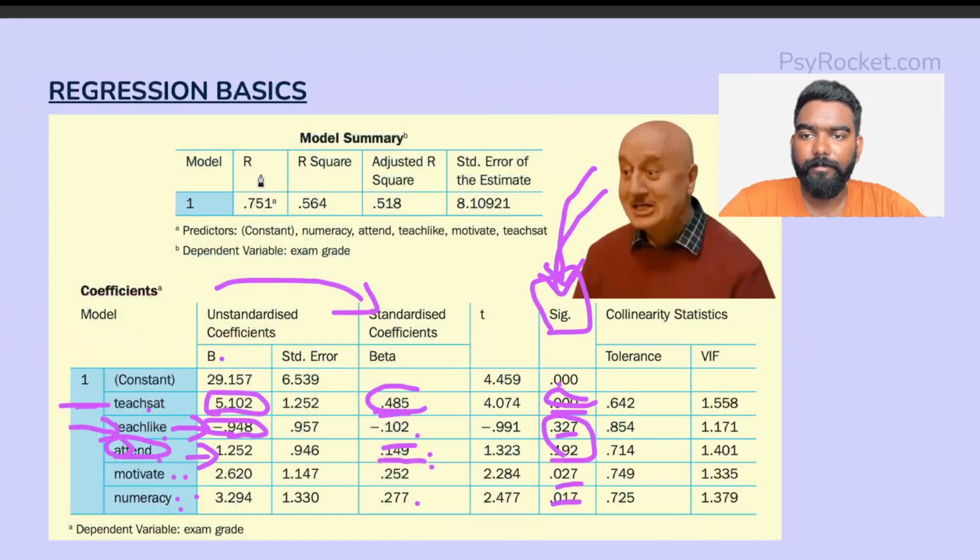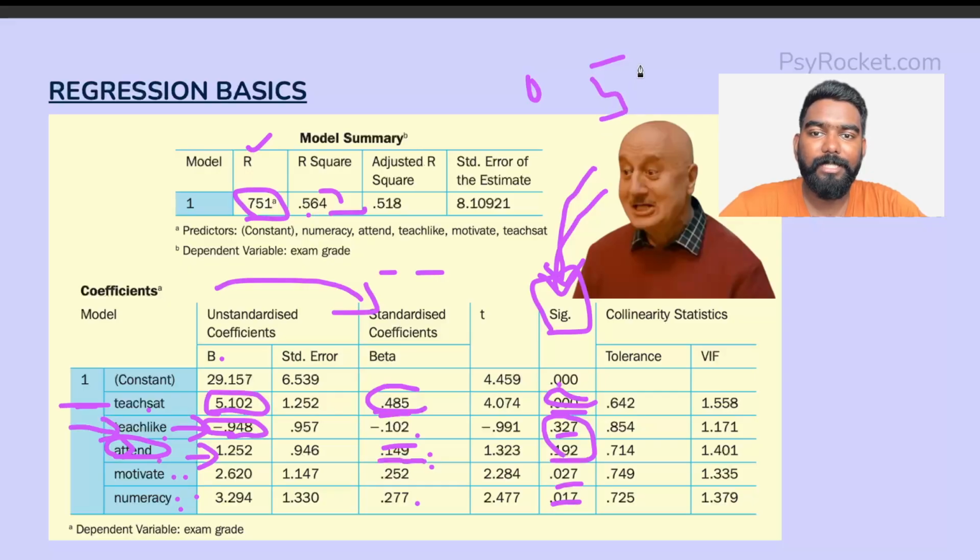Okay, but this is not the most useful statistic in regression. The most useful statistic in regression is actually R square. When you multiply 0.75 by 0.751, you will get about 0.564. So this is the variance, which means 56.5% of variance is being explained by all the predictors combined.